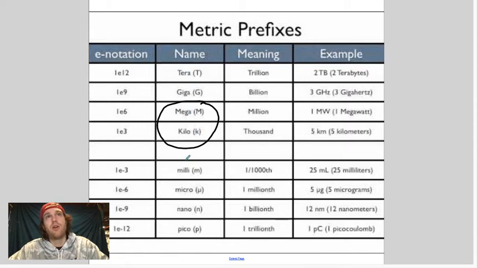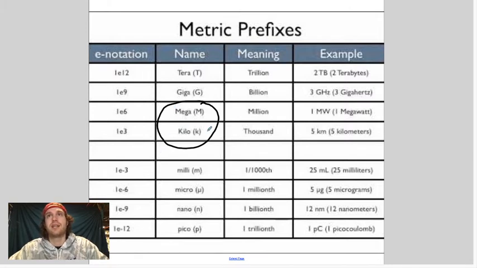A terabyte hard drive, we think of as 1,000 gigabytes. But it's really a trillion, depending on what you're referencing it to. If you're thinking about it in bytes, it's a trillion bytes, a billion kilobytes, and a million megabytes.